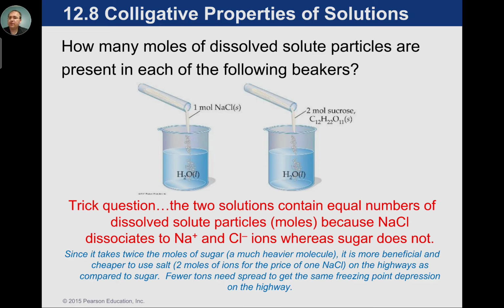So size matters. And in this case, sugar is huge. And it takes twice the amount of that huge sugar molecule to get the same effect as 1 salt formula unit that can be broken in half and provide twice that freezing point depression.